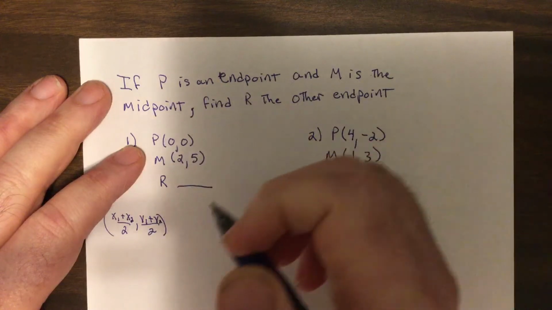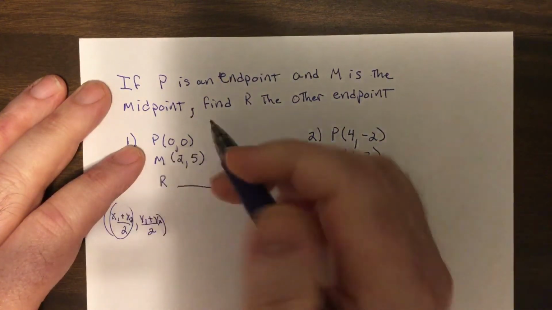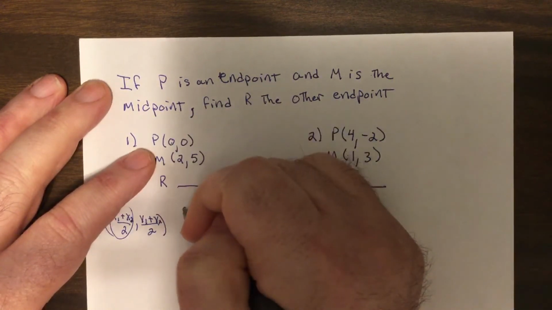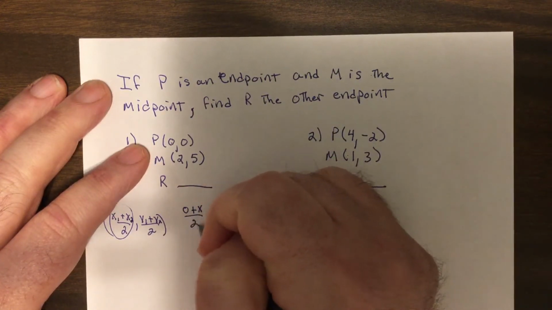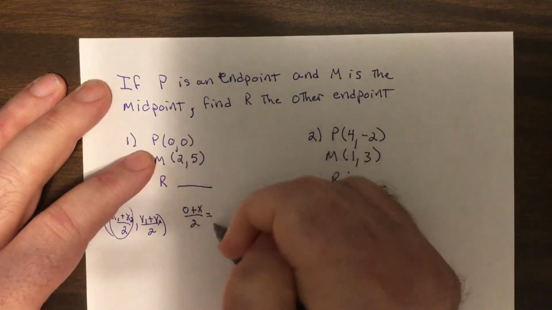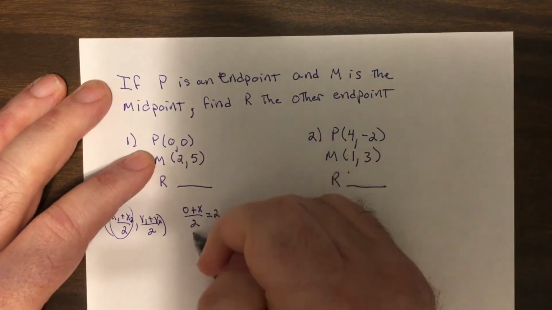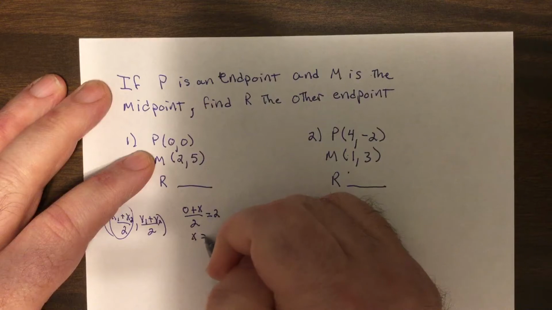So you could do this. Just look at this part of it. So it'd be 0 plus I don't know over 2 has to equal the midpoint number. So you multiply by 2, you'd have x equals 4.